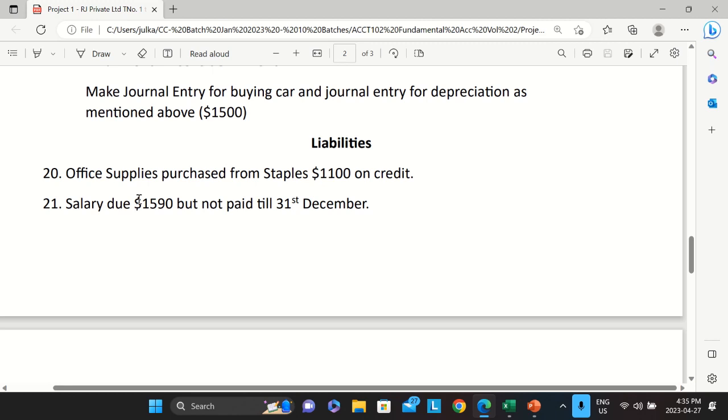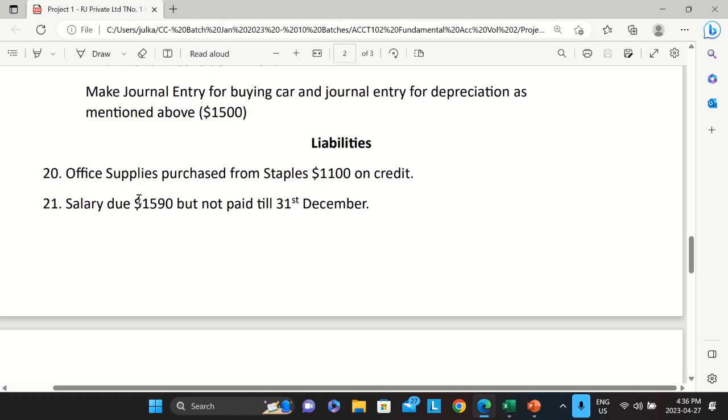It means the $1,590 was due. The worker or employee worked in the RJ Private Limited from the 1st of December till 31st of December, all 31 days. But the amount is not deducted from the company. The company did not pay because it was not due.